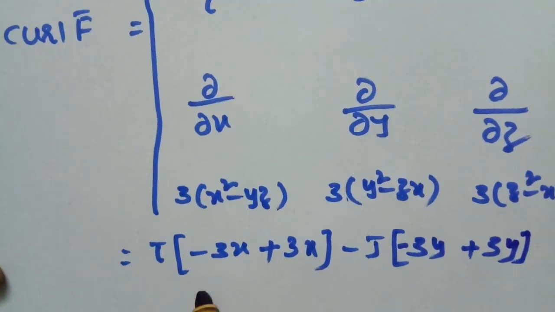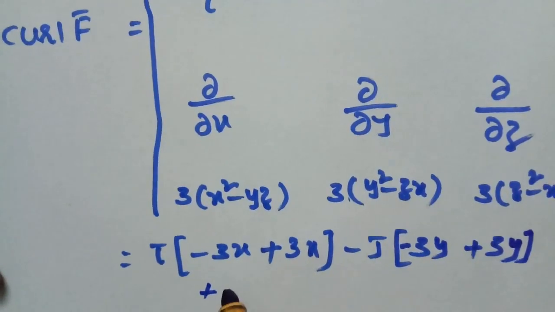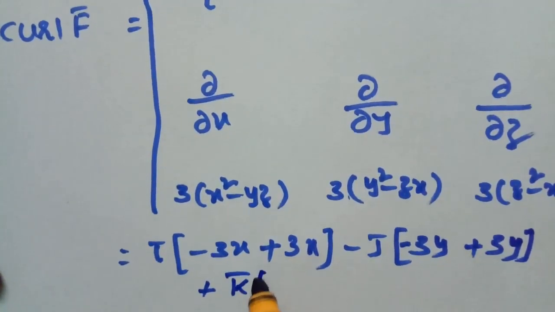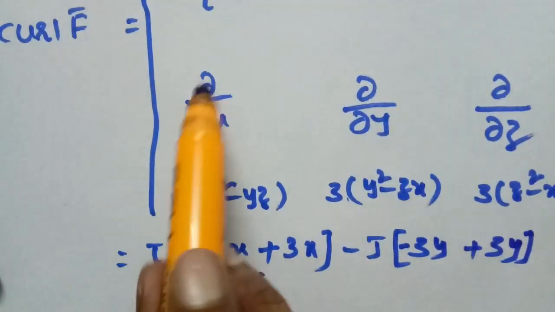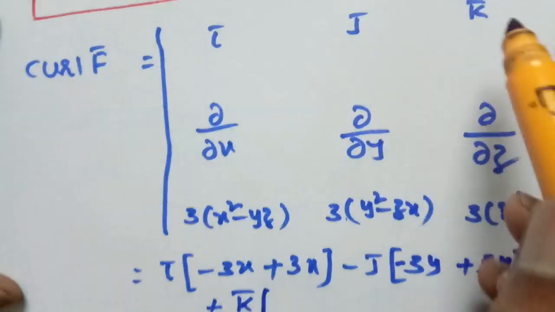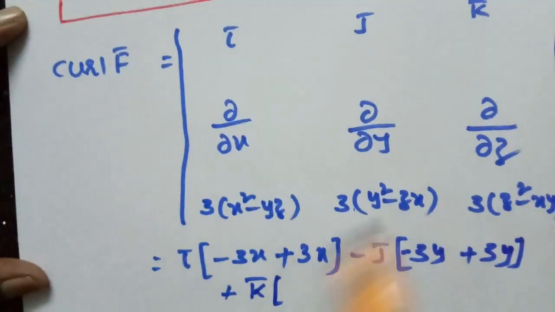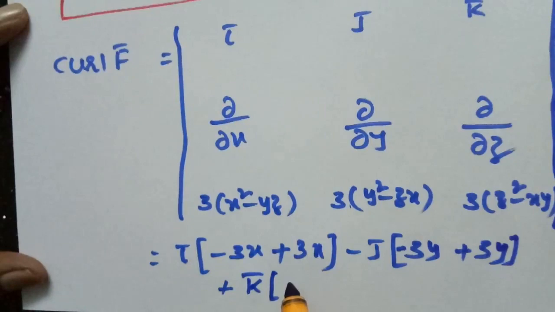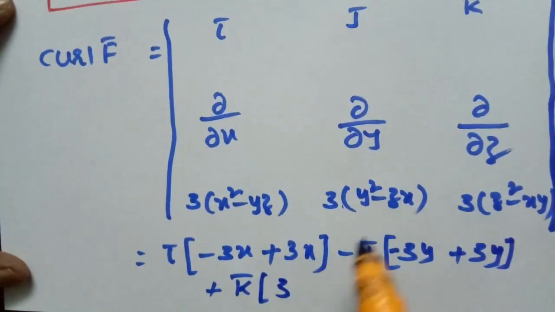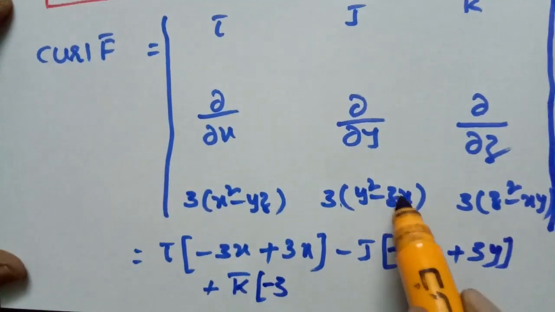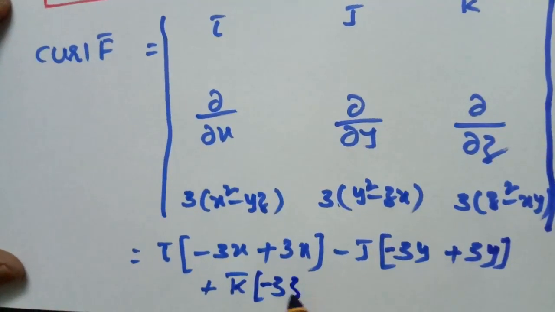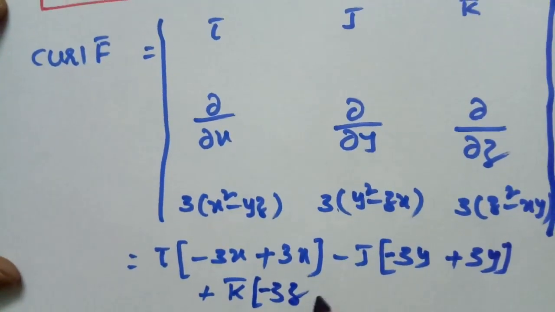Next, plus k bar into, by deleting the first row and third column, ∂/∂x of this one: 3 into the derivative of y square is 0, minus the derivative of zx. So z is a constant, the x derivative is 1.